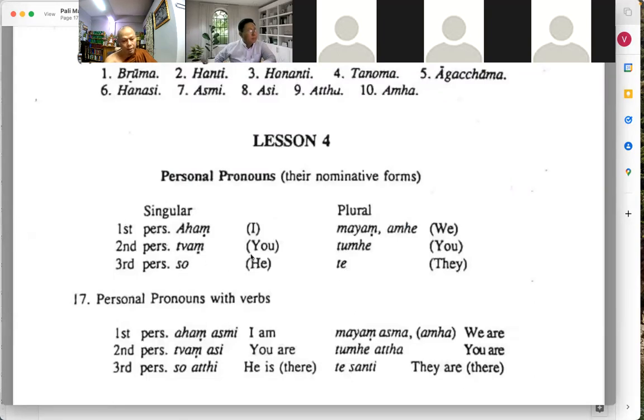And second person, singular is doam, you, and dome, you plural. So for the first person singular is aham, I, and mayam, and sometimes me also, like dome, we. But mayam is the most common one. So that is just mayam I introduce.